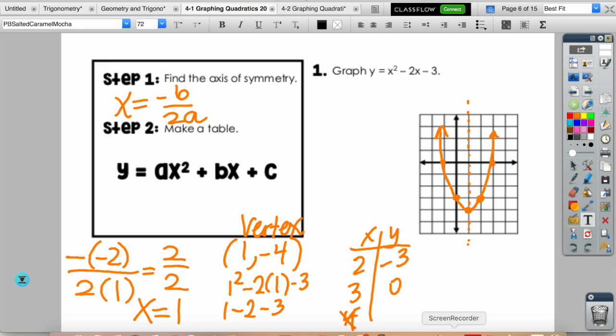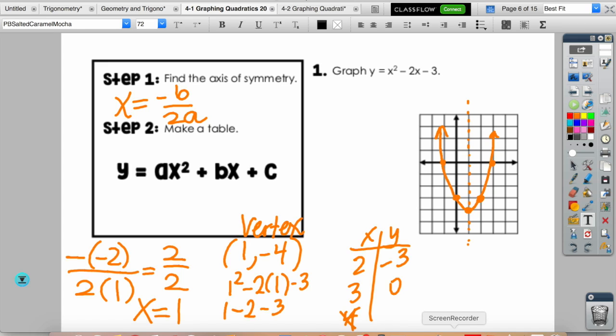Your vertex lies on that line. So unlike those first 5 graphs that we've already graphed that had a vertex on the y-axis, this one's not going to be on the y-axis. To actually find where your vertex is and to help you with your table, the axis of symmetry is always the x coordinate of your vertex.